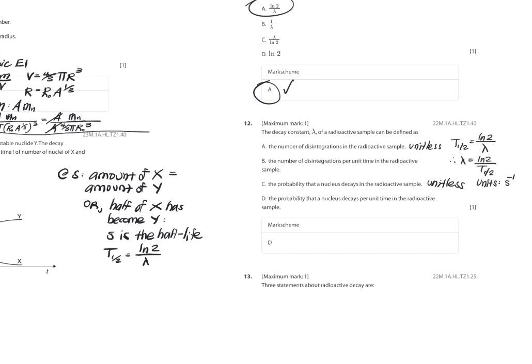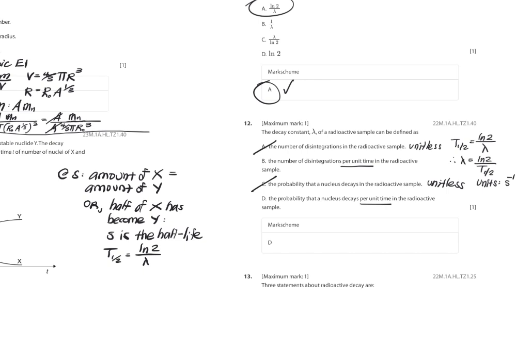The decay constant is natural log of 2 over the half-life. So the units would be 1 over seconds. So it's pretty much per unit time. So it's not A or C.